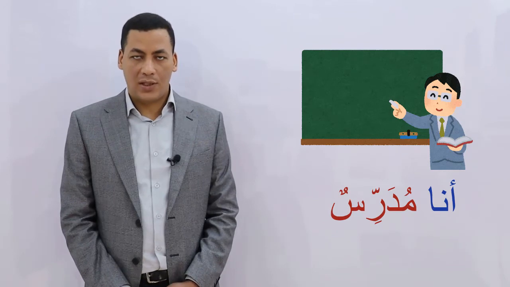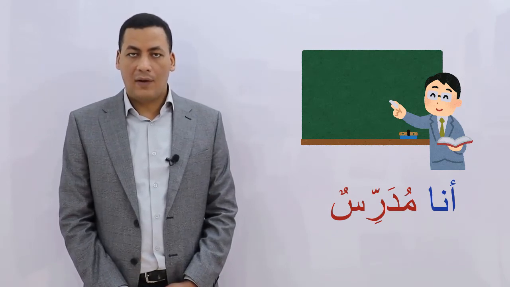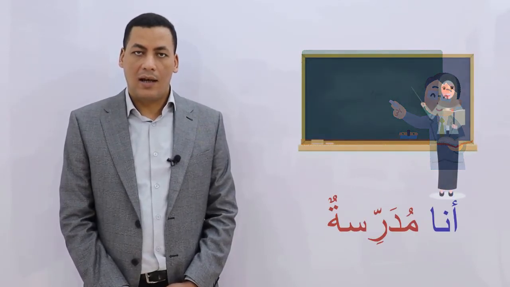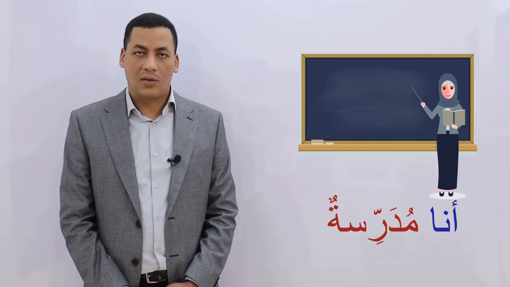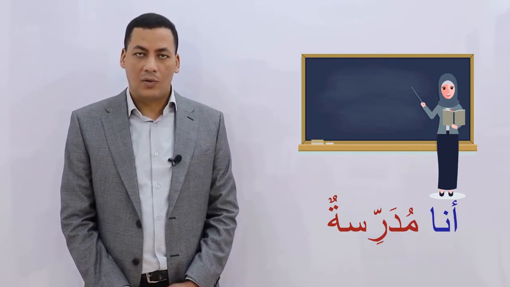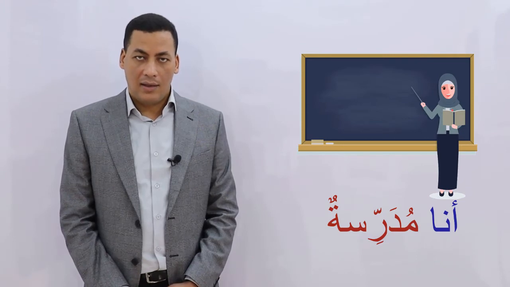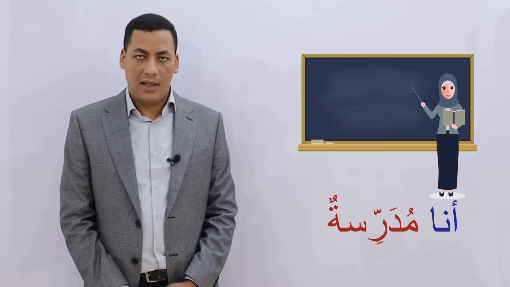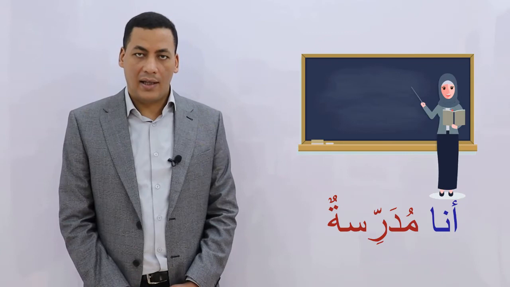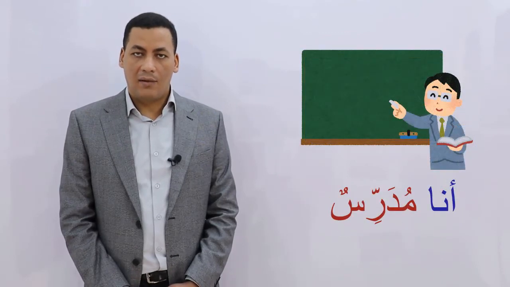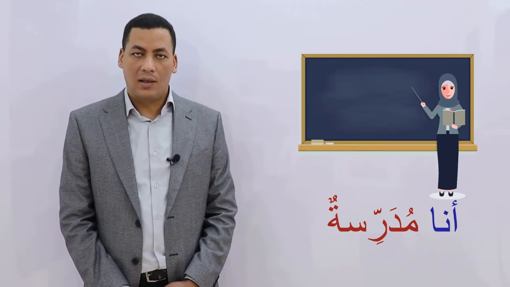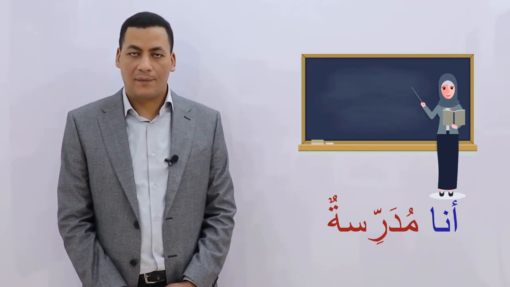If a female is speaking, she could say أنا مدرسة. And as you might notice, we just add this extra ta at the end of this adjective to make it feminine. So أنا مدرس, I'm a teacher, this is for a man. And أنا مدرسة if a female is speaking.